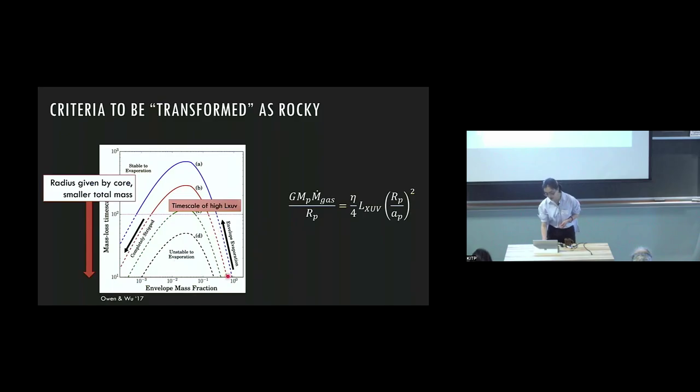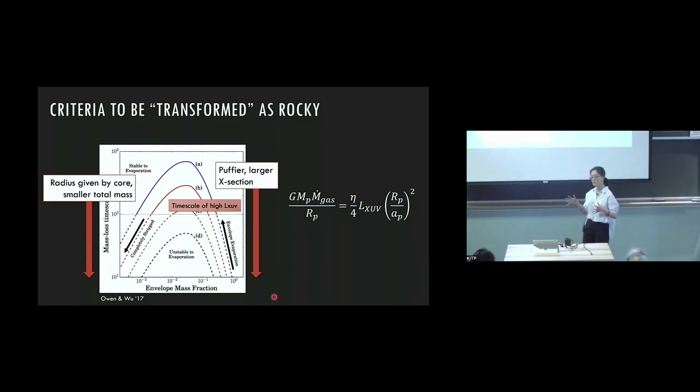But on the other extreme, where you have a pretty thick gaseous atmosphere, but your total mass is not quite large enough that you're dealing with gas giants, then you have a quite puffy atmosphere, so you present a larger cross-sectional area, so the amount of irradiation energy that the planet receives is just higher. That leads to, again, a very short mass loss timescale.